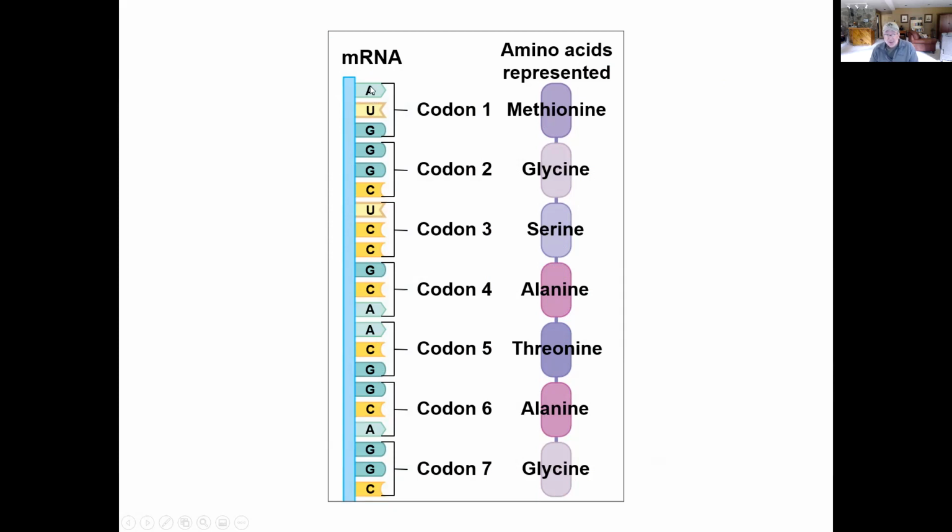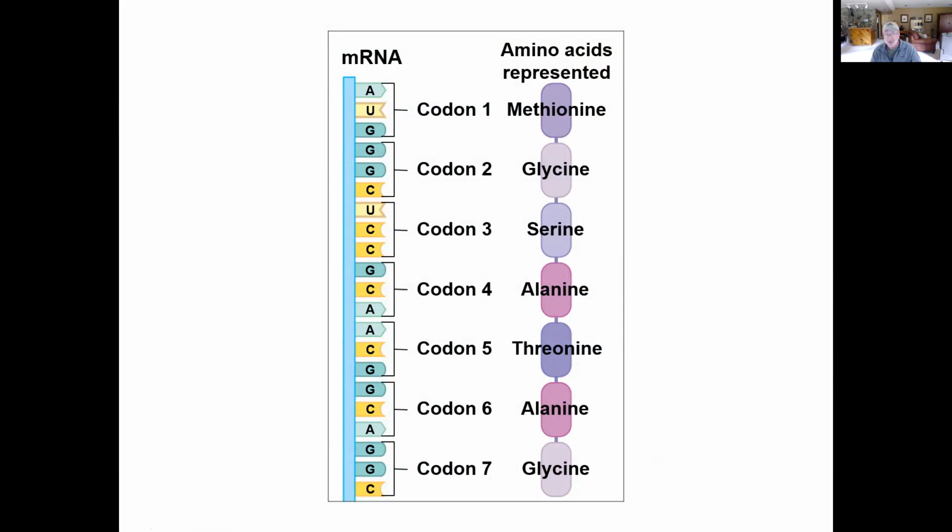And each of those codons that you see here, the A's, the U's, the G's, and the C's, whose sequence was determined by the DNA, each of those unique combinations codes for a particular amino acid.